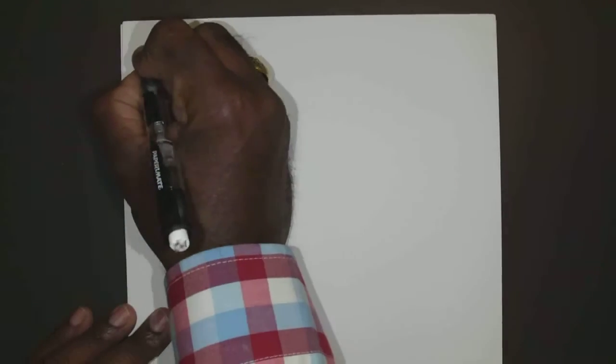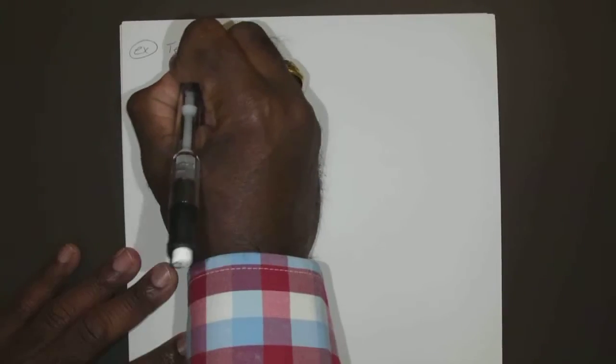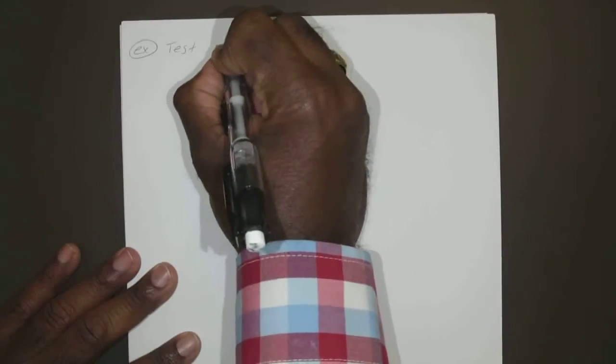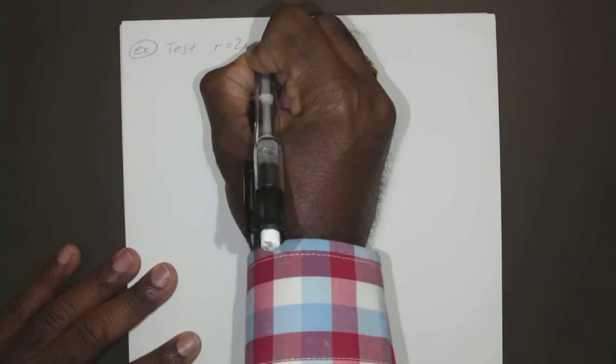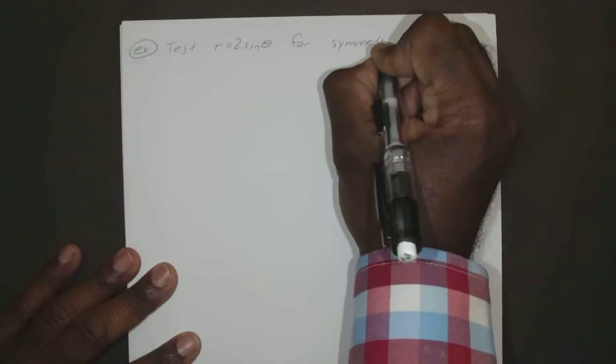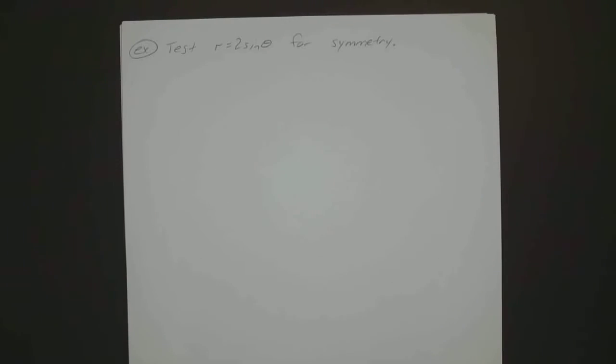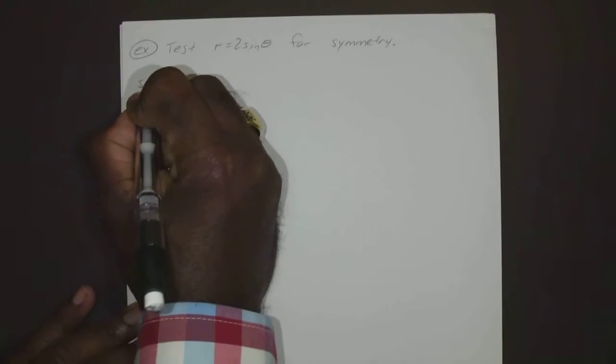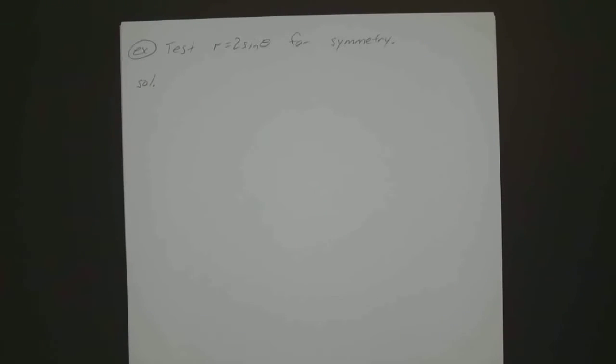Okay, so let's say, for example, we wanted to test r equals 2 sine of theta for symmetry. Really, we're just going to perform all three of the tests for symmetry and see which one sticks.